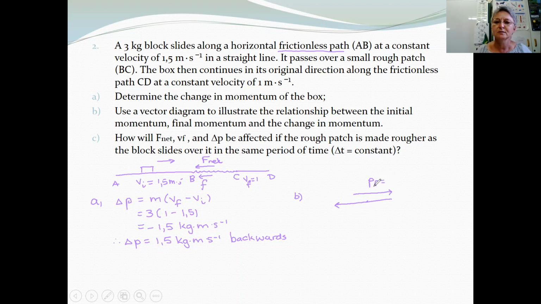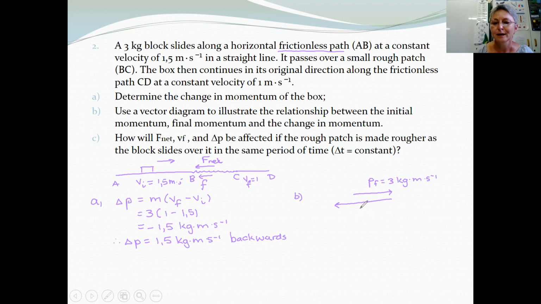The final momentum is this 1 times 3, so it's 3 kilogram meters per second. And the initial momentum is 3 times 1.5, which is 4.5.